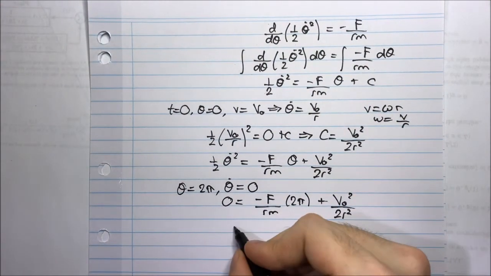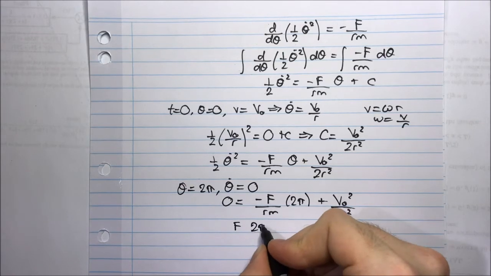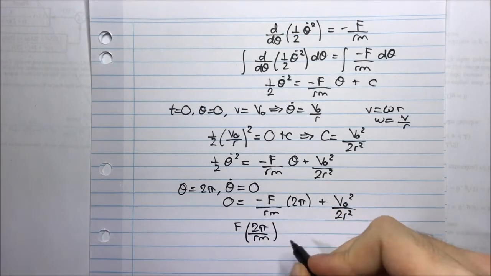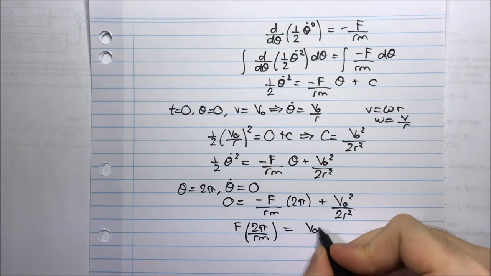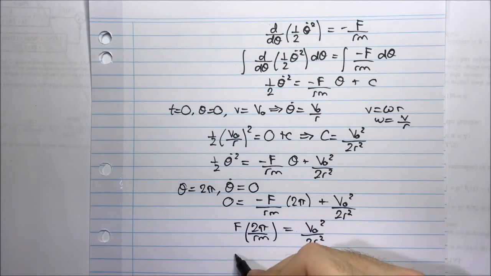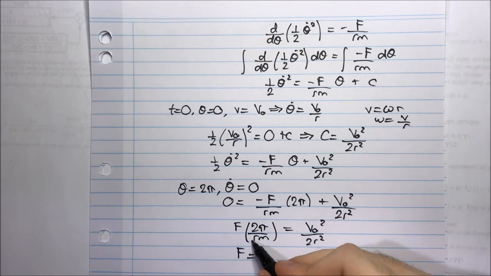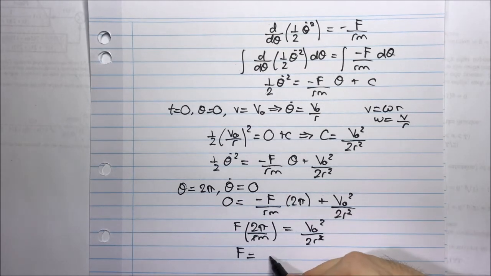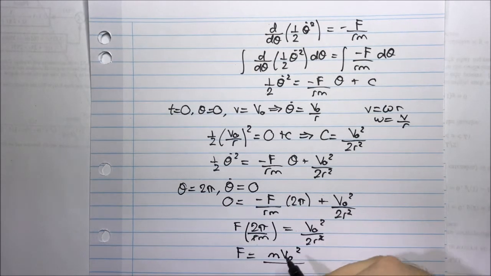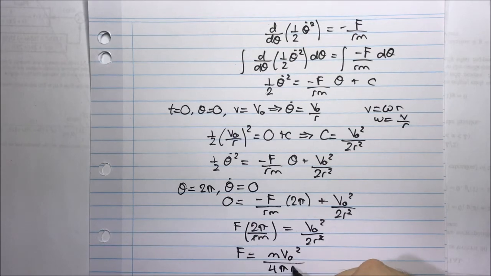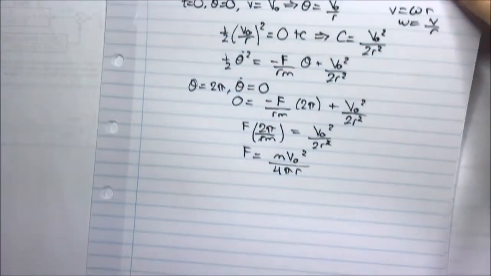Rearranging for f, so that's going to be f times 2 pi on Rm is equal to v0 squared on 2r squared. And so f is equal to, let's see, I will divide by 1r on both sides, and I'll have mv0 squared on 4 pi r. And that's my friction force.